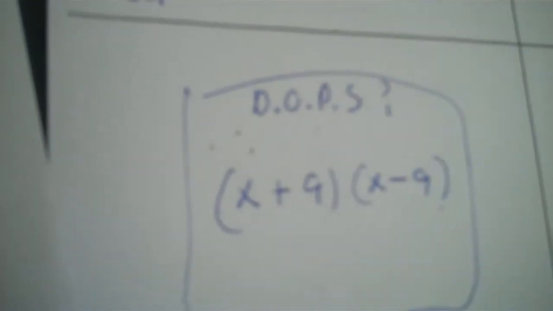Well, x to the second's a perfect square, that's x times x. 81, that's 9 times 9. So you bet this is, so it's x, 9, 9. So I put those 2 parentheses alongside my 2x.